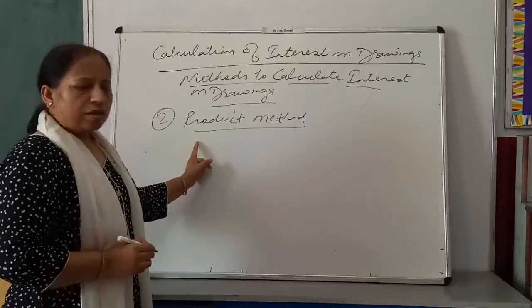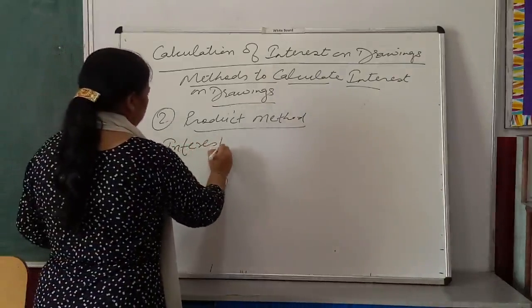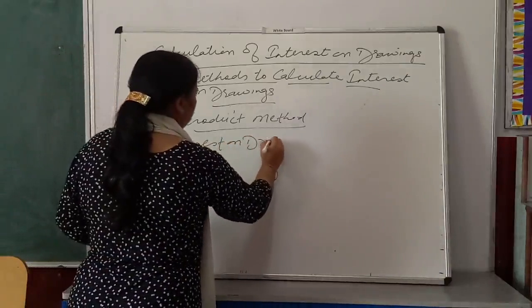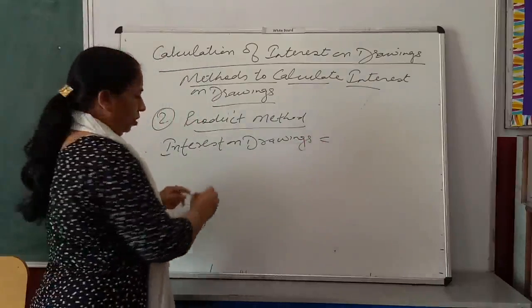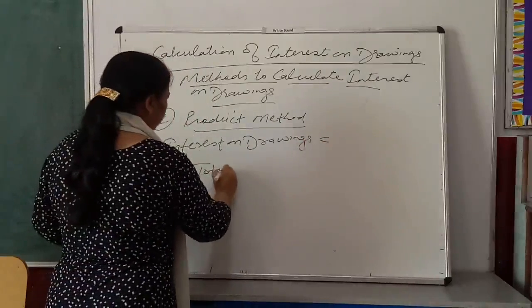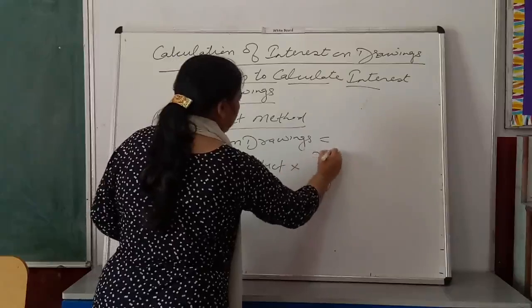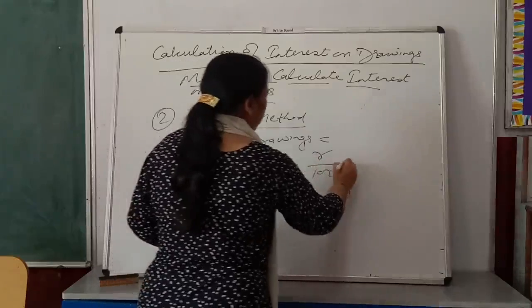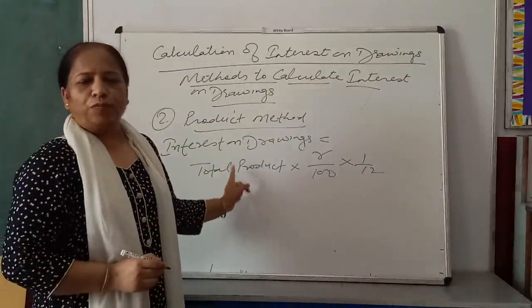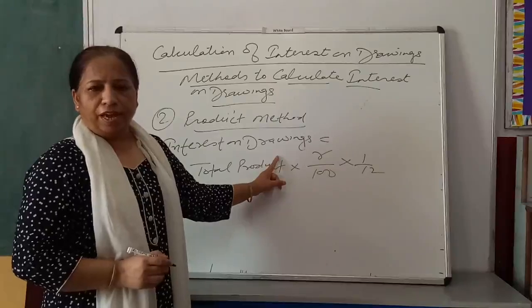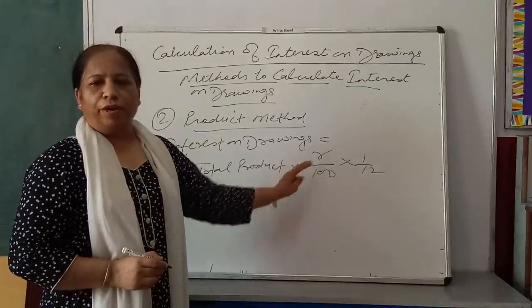Its formula is interest on drawings equal to total of product into rate upon 100 into 1 by 12. This is the formula to calculate interest on drawings by the product method. Again I am explaining: total of product into rate upon 100 into 1 by 12.